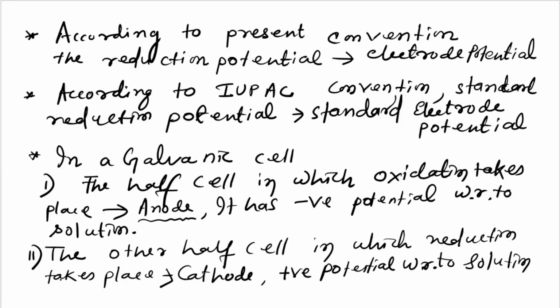That means in a galvanic cell, one is the anode and the other is the cathode.